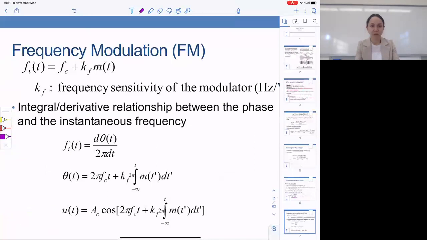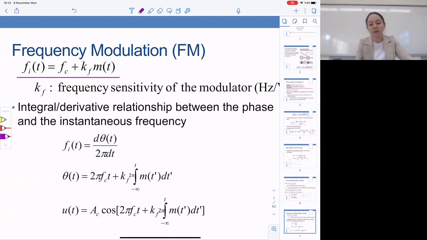So let's talk about frequency modulation. In frequency modulation, as the name suggests, we directly modify the frequency itself rather than the phase. So consider a sinusoid whose frequency is modulated by the signal.